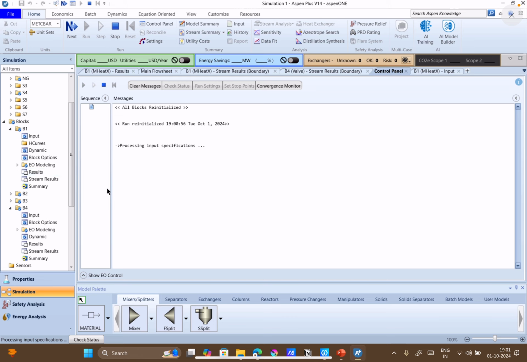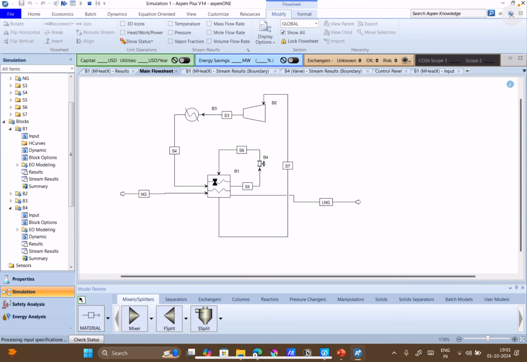Another thing I wanted to show here was that this process is very sophisticated: some few degrees change in this S5 or S6 will give you a multitude of errors. As in, let's say your stream temperature you have selected is such that the input to a compressor is not completely a vapor fraction. It has some amount of liquid present in it.